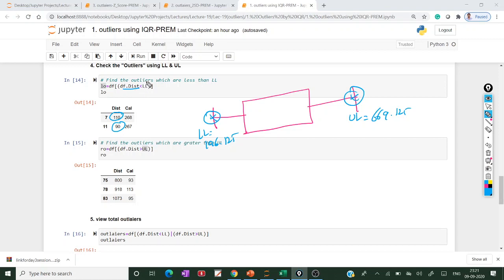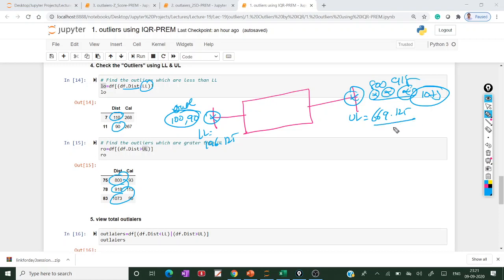These two values, like 190, are less than the lower limit, so these are the outliers. And 800, 918 and 1073 are three outliers greater than 669.125.